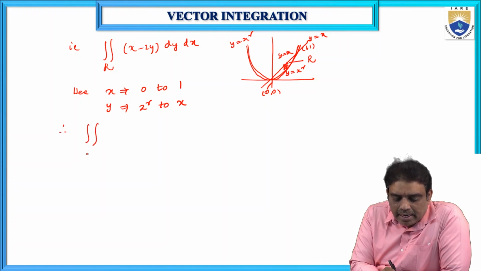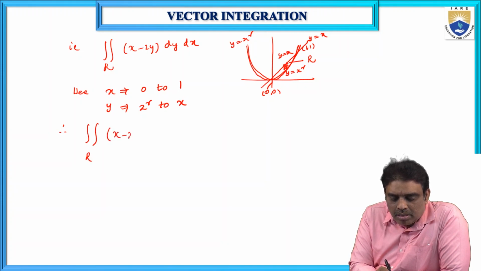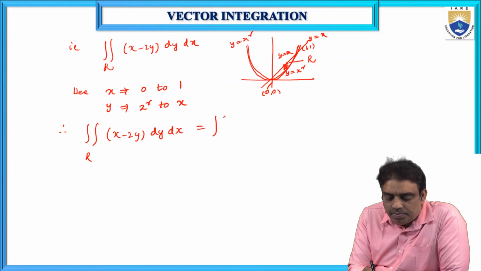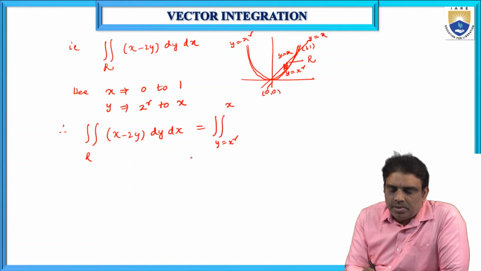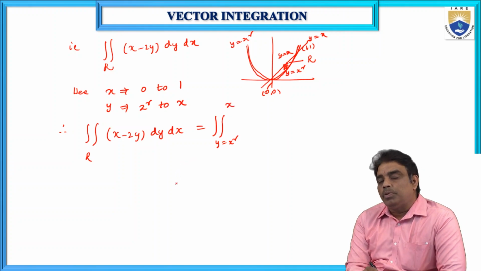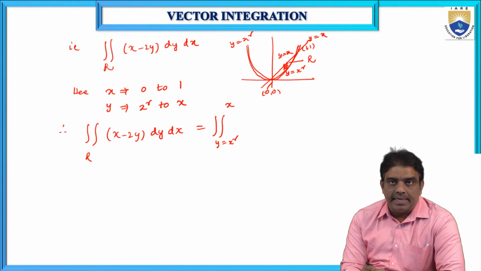Therefore, the double integral over the region R of (x minus 2y) dy dx is equal to, so what is the evaluation? y from x square to x. You know the procedure of performing the integration.